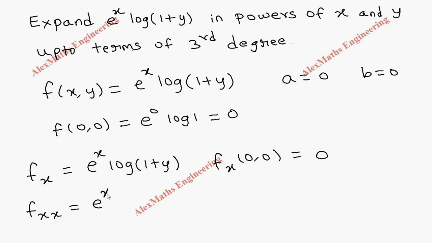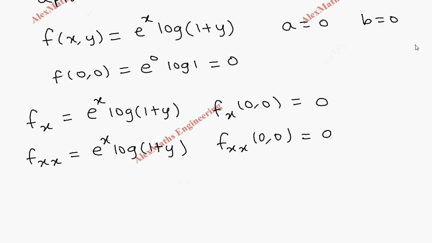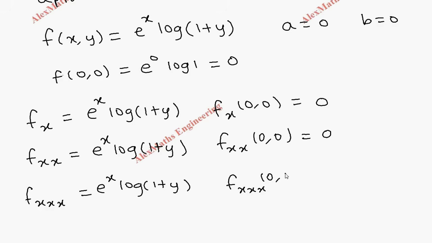This is e power x, again log 1 plus y is constant, so fxx of 0 comma 0 will be 0. Then the third derivative with respect to x, fxxx. Once again e power x is e power x, and log of 1 plus y is constant, so fxxx of 0 comma 0 will be 0.